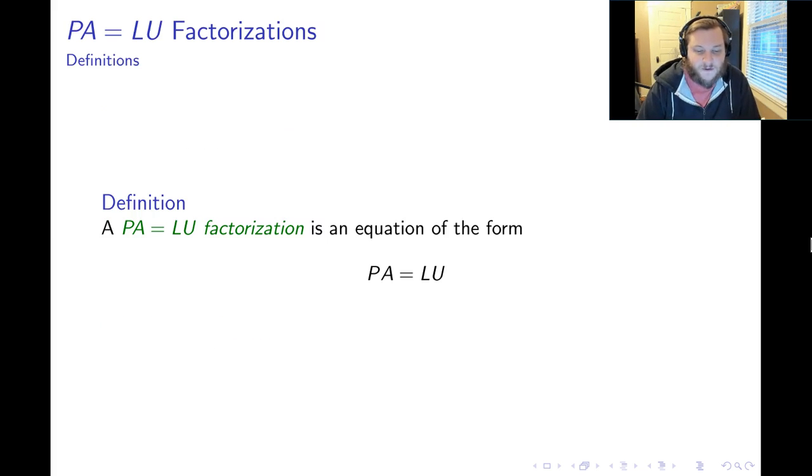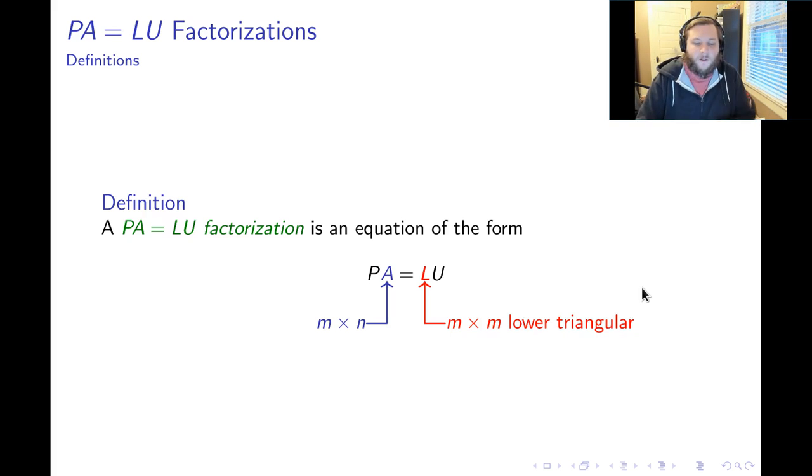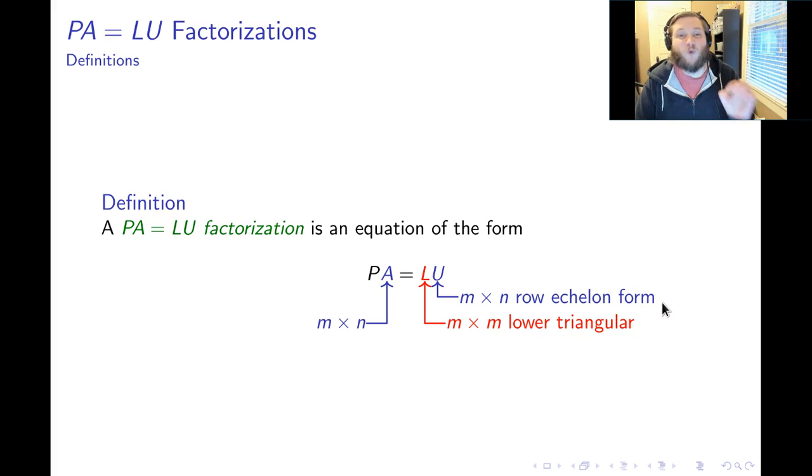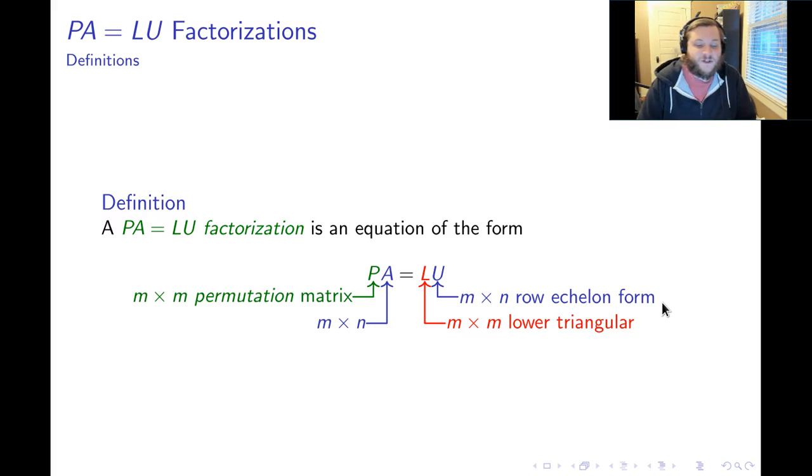In PA equals LU, this is a matrix equation where A is any m by n matrix, L is an m by m lower triangular matrix, U is an m by n matrix that's in row echelon form, so not necessarily reduced row echelon form, just row echelon form, and P is what's called a permutation matrix.